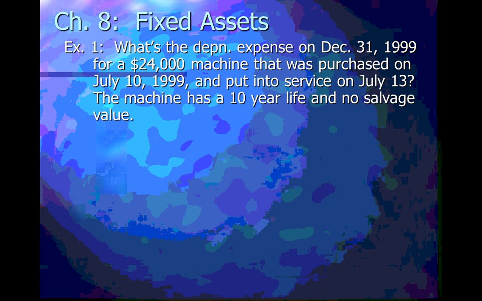So here's an example. What's the depreciation expense on December 31st, 1999 for a 24K machine that was purchased on July 10th, put into service on July 13th? The machine has a 10-year life and no salvage value. First of all, which date is relevant here, the 10th or the 13th? Really, it's the 13th. But because of our month convention, we are going to say that July 13th is the first half of the month.